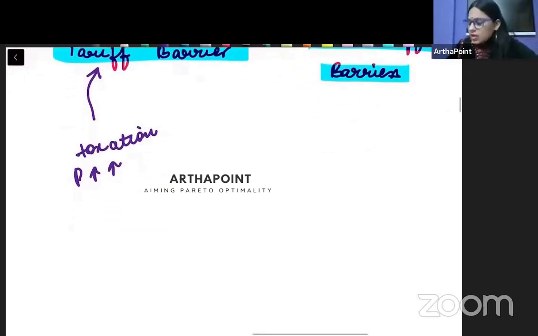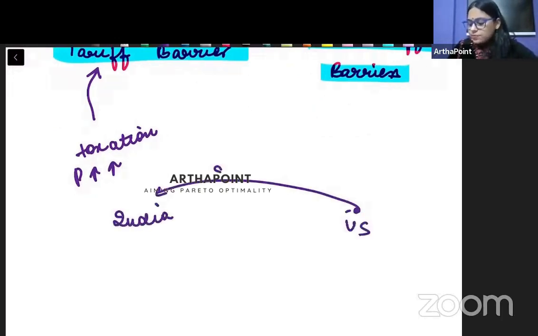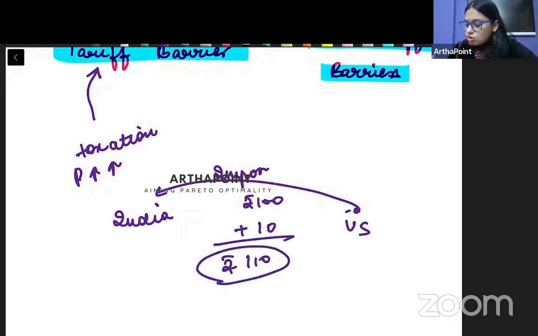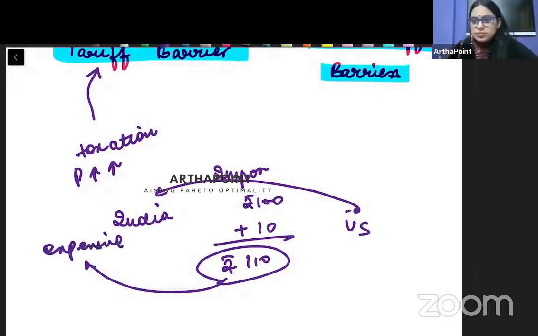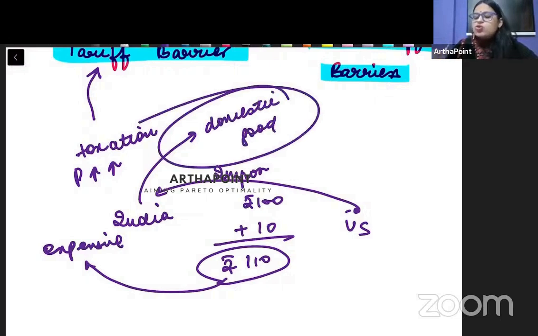For example, you are getting a good from US to India. आप US से इंडिया में good import कर रहे हो. This good is worth 100 rupees. Now the government puts a tax of 10 rupees on this good so that it becomes expensive. ताकि वो महंगा हो जाए. And people buy only domestic goods. लोग सिर्फ वो goods खरीदें जो इंडिया के अंदर प्रोड्यूस होते हैं. That is a tariff barrier.